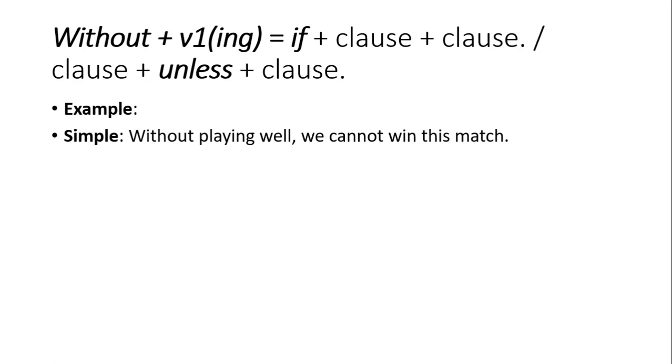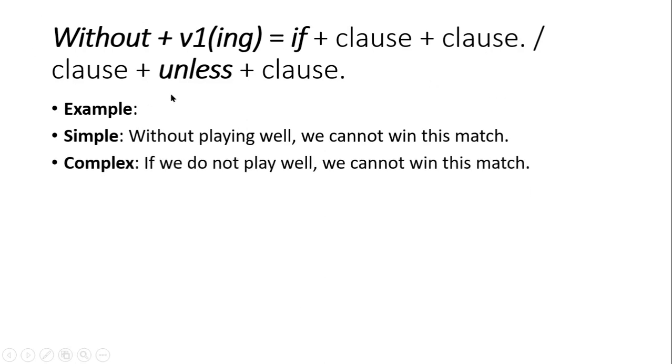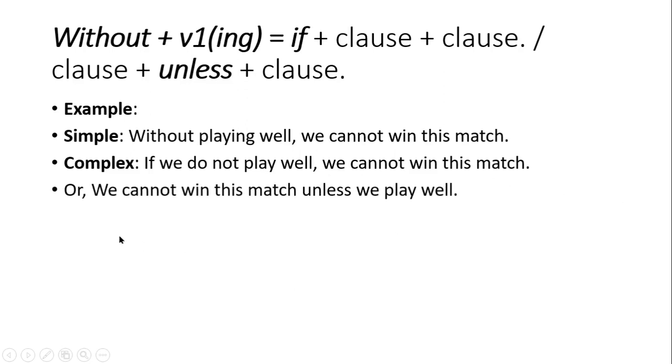We can follow the first structure, and we can follow the second structure also. If we do not play well, we cannot win this match. The first structure is if plus clause and another clause. Or we can say we cannot win this match unless we play well.